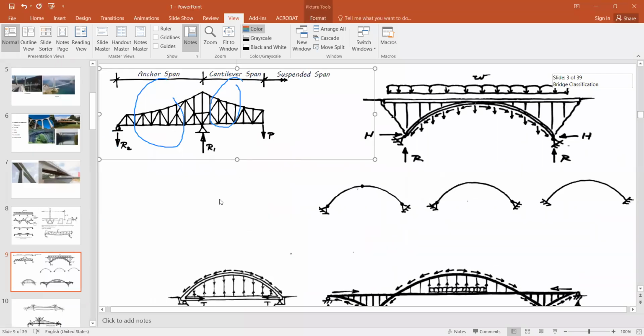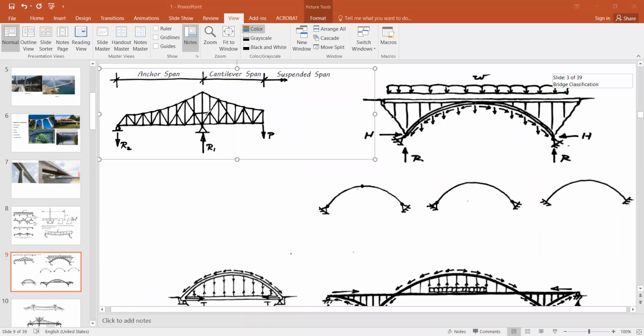So this is a schematic of a truss bridge. How does the truss bridge work?